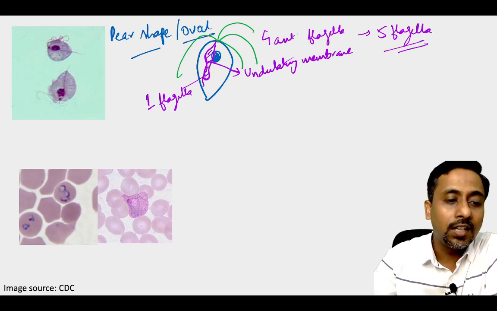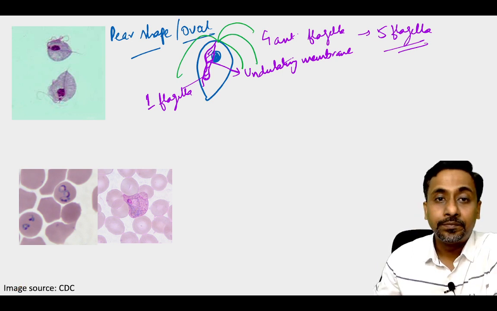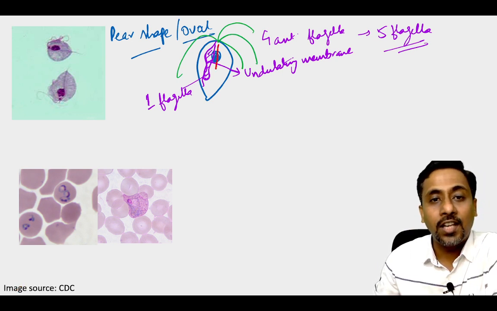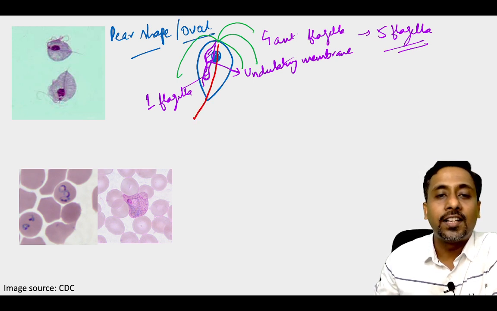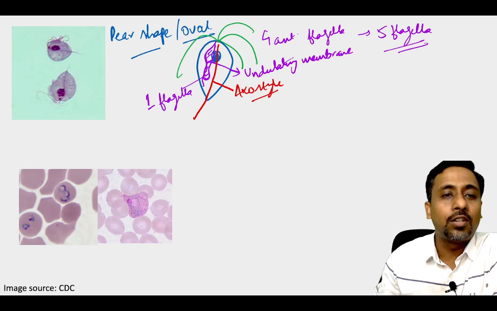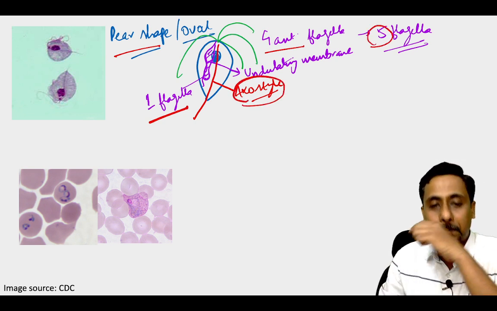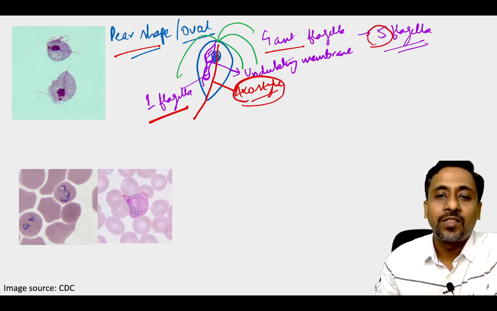Apart from flagella, they have got an exostyle which runs throughout the body and exits posteriorly like a tail. So this is the exostyle. So it has got a pear shape, 4 anterior flagella, 1 flagella which runs along the undulating membrane, so a total of 5 flagella, and an exostyle which comes out posteriorly like a tail.